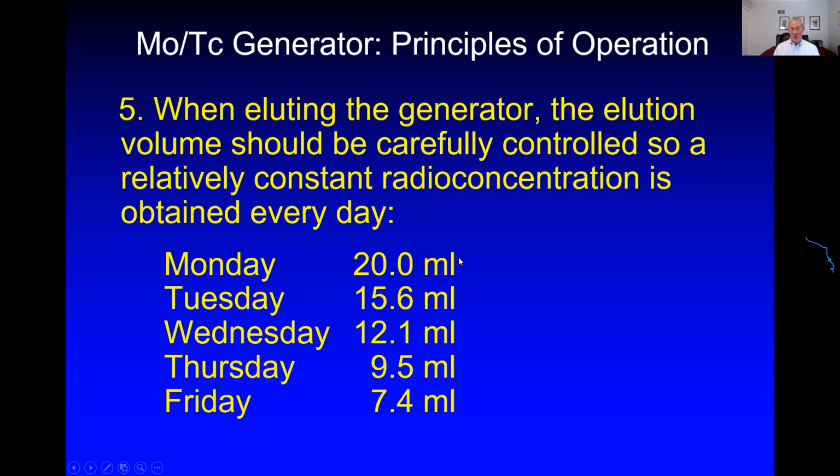This is a 24-hour decay of the isotope, but I've decayed the volume, which works perfectly. So you'll note that down here on Friday, we're only collecting 7 milliliters. That's a third of what we collect on Monday. That means we're also collecting about a third of the activity. And therefore, we often have to elute multiple times on Friday, at least 2 times, especially if the department is pretty busy.